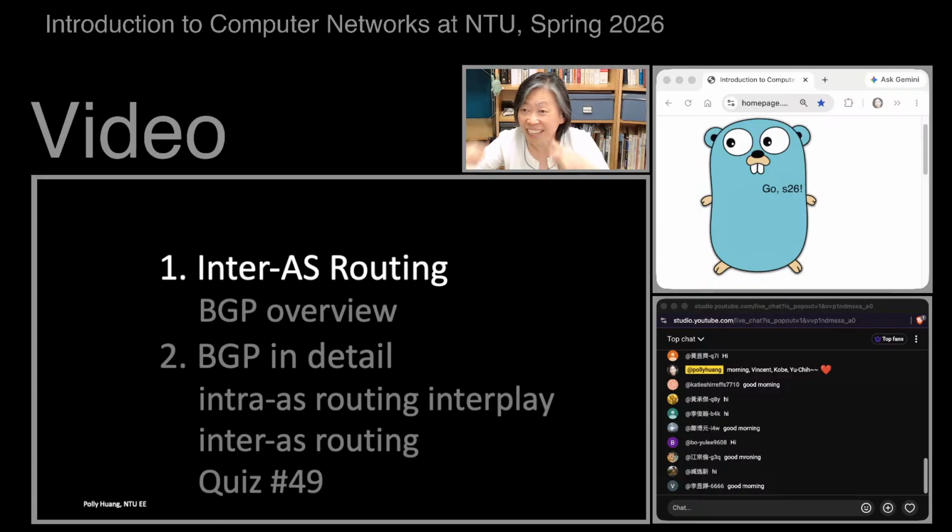It's just that in BGP it's no longer the Bellman-Ford equation. It's actually defined by the administrator of the domain. At 4 minutes 15 seconds, you will see that there are more attributes, not just the path vector. There's something called next hop, and in fact more, for the router to decide how to import and how to export.